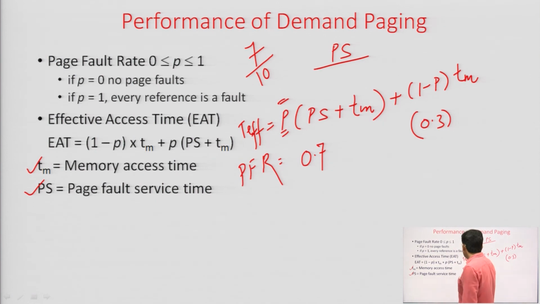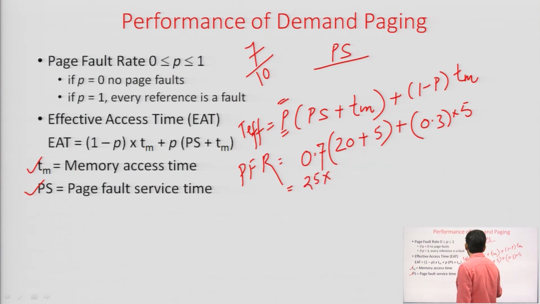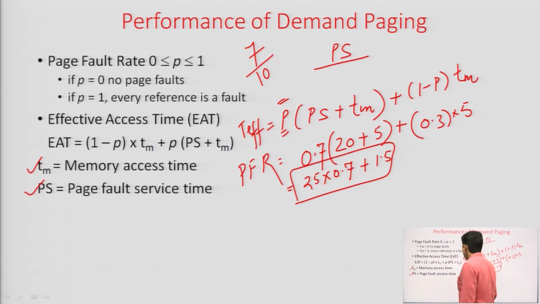If you consider that 7 by 10 is the page fault, the page fault service time is, let us say, 20 nanoseconds and the memory access time is 5 nanoseconds, then the effective access time will be 25 into 0.7 plus 1.5. Whatever this is, this will be the effective memory access time.